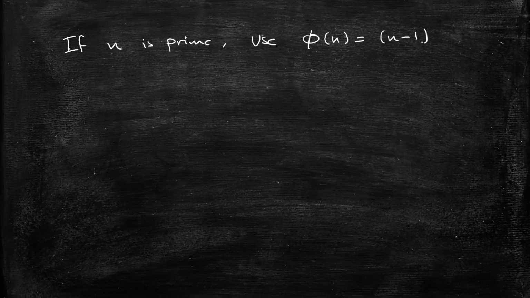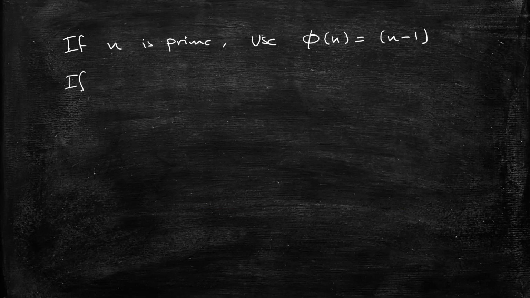So we're going to say that if n is prime, we're going to use this totient function, phi of n equals n minus 1. In other words, we take that number and we subtract 1 from it.